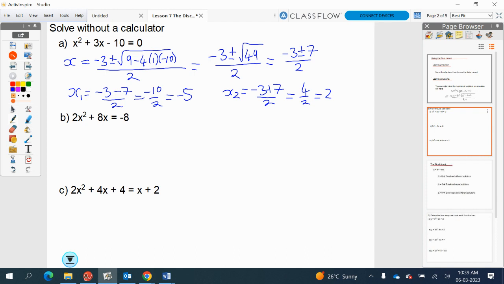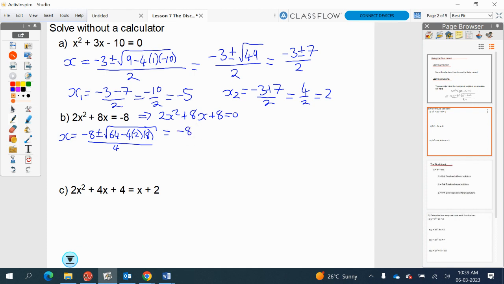So if we try the second equation, the first thing we need to do is to always rearrange the equation into standard form. It's not in standard form yet. This gives us 2x squared plus 8x plus 8 is equal to 0. Putting this into the quadratic formula, it's going to give us x is equal to minus 8 plus and minus the square root of 64 minus 4 bracket 2 bracket 8, all over 2a, which is 4.